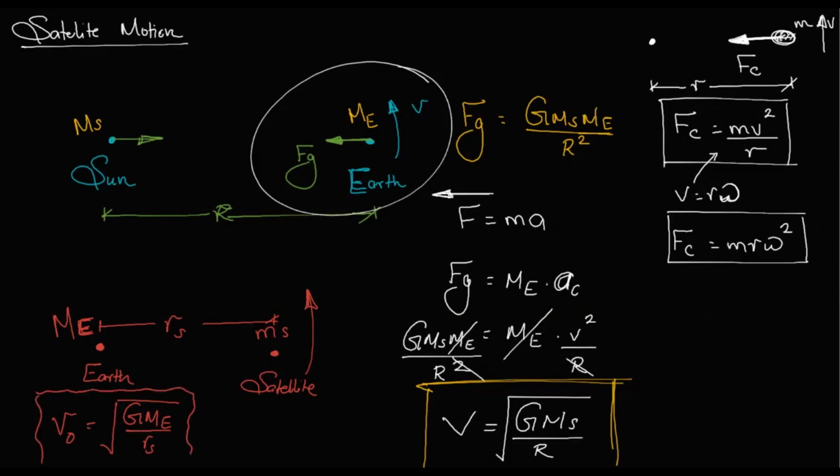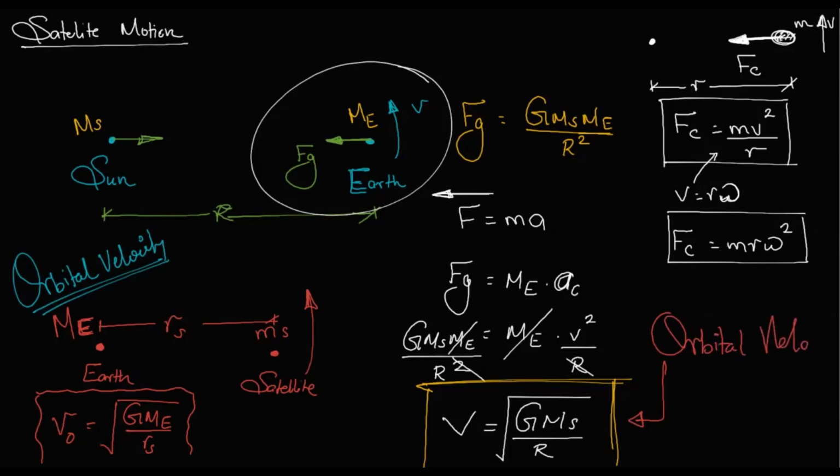And we call this velocity the orbital velocity. So the generalized equation for the orbital velocity is this. So that is your orbital velocity. For any planet, if you want to find out the orbital velocity of an object around the planet at a distance r, it is given by this equation, okay?